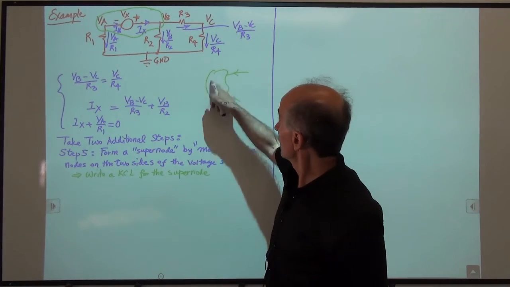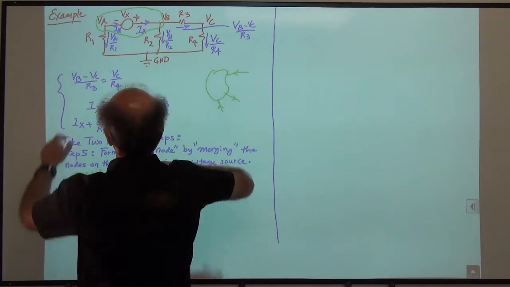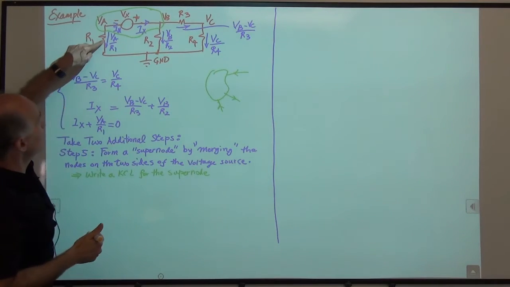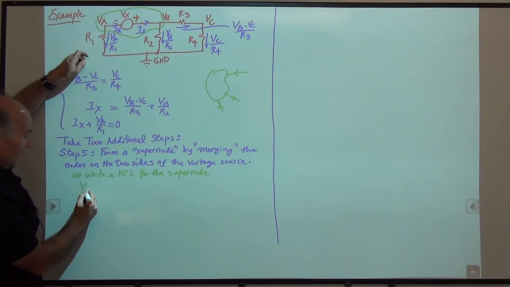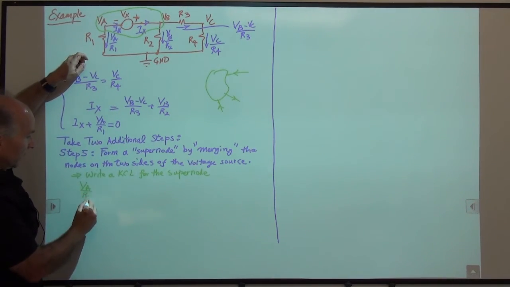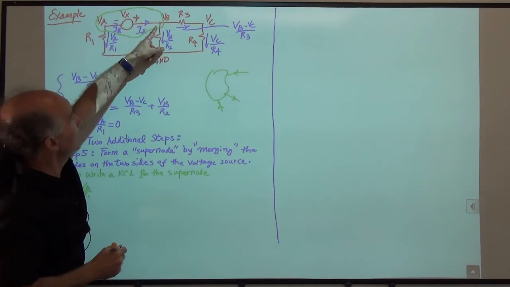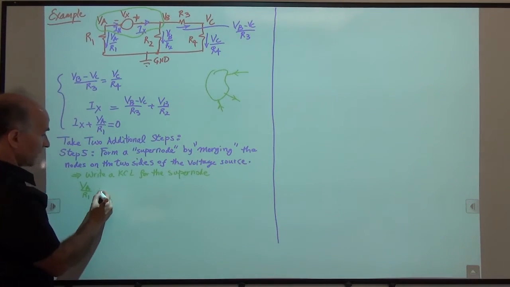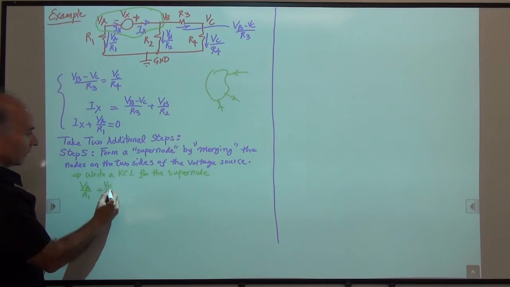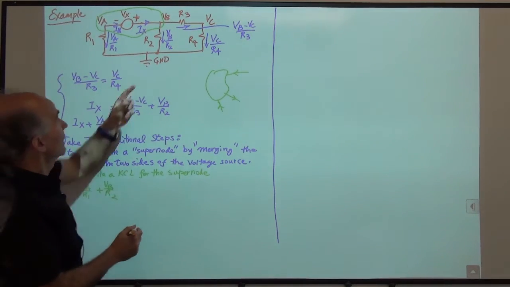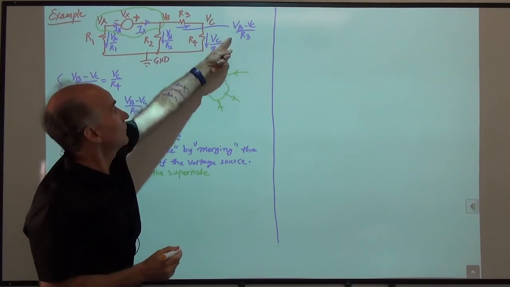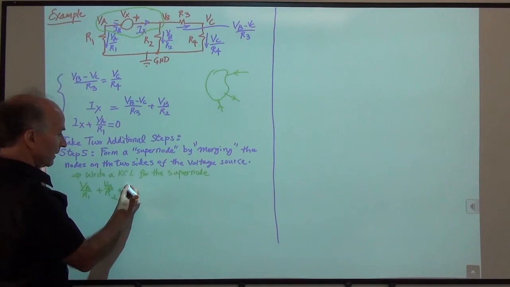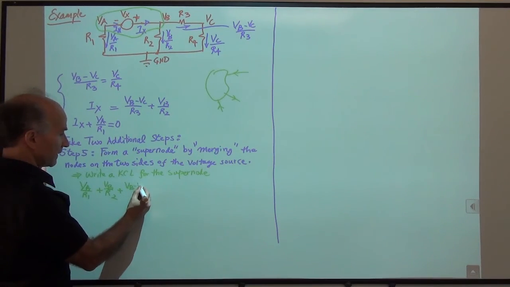So can I write a KCL for this box? Sure. How much is this current? This current coming out of the box is VA over R1. How much is this one? Is this also coming out? So plus VB over R2. And then something else is coming out right here. So that's VB minus VC over R3.